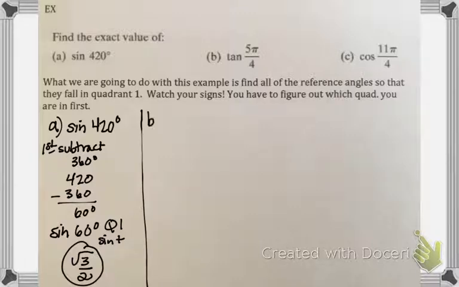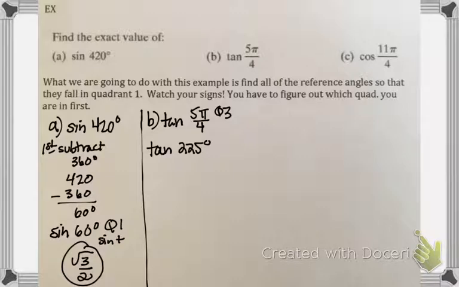Okay, so let's look at point B. Tangent at 5 pi over 4. Okay, look at the unit circle. 5 pi over 4 is quadrant 3. Since I'm in quadrant 3, according to the unit circle, I know that I'm looking up tangent in degrees. It would be 225. That's equivalent to 5 pi over 4.